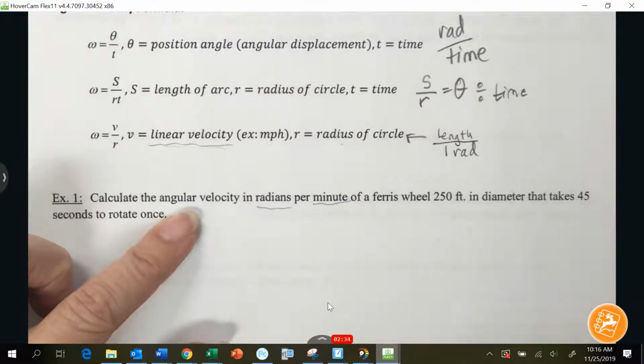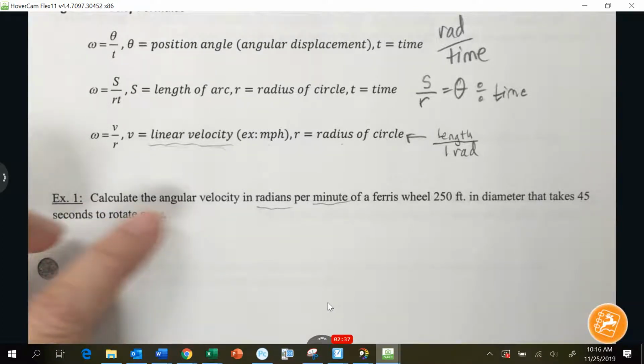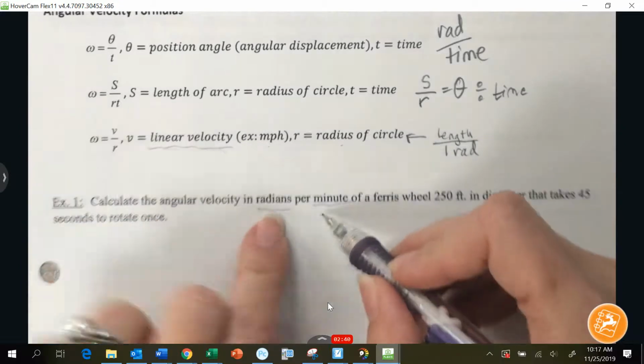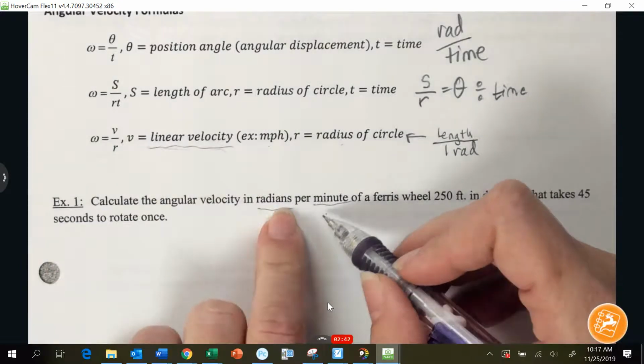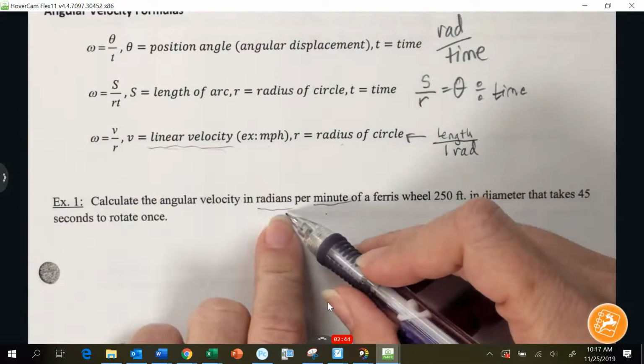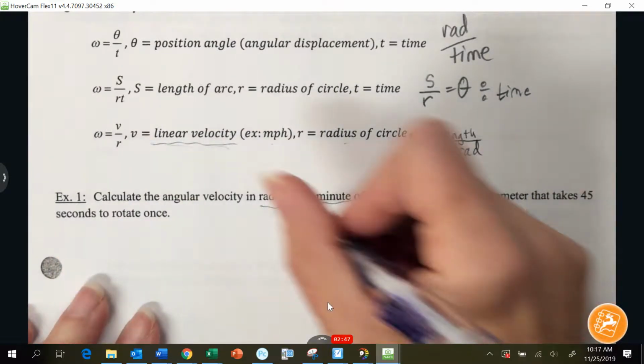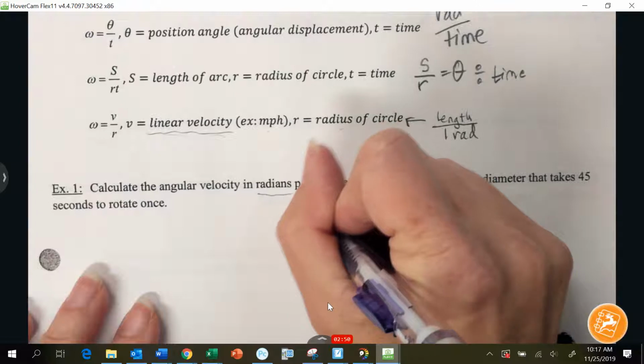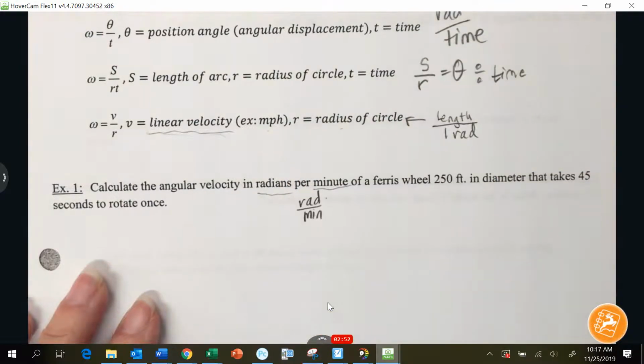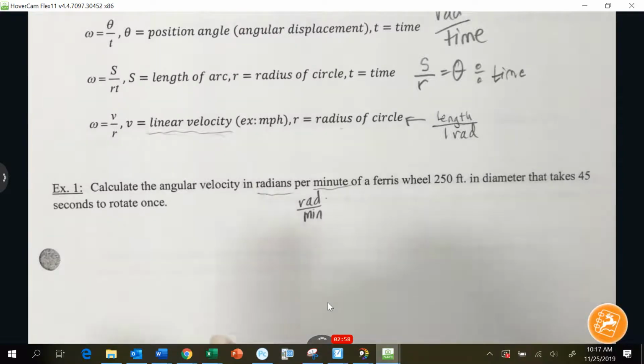This is important: our answer needs to be in radians per minute. So when we've done all of our calculations, our units at the end should be radians per minute. Remember, I talk about canceling units out so they all work out. That's the unit I should have when I'm done, so that's pretty important and helpful to me.